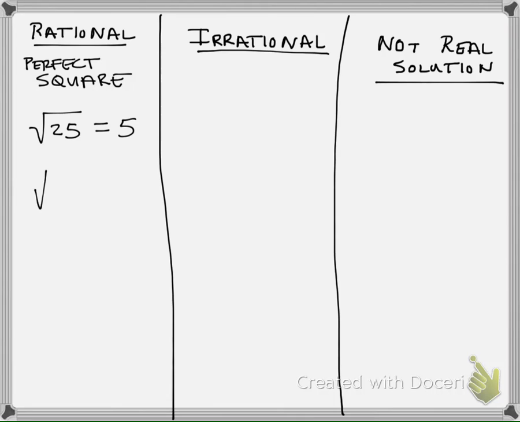If I say the square root of 1/9, it has a perfect square of 1/3. Okay, so all of these are considered to be perfect squares, and therefore they are rational. Sometimes you're going to be given irrational numbers. Irrational numbers are numbers such as numbers that do not have perfect squares.